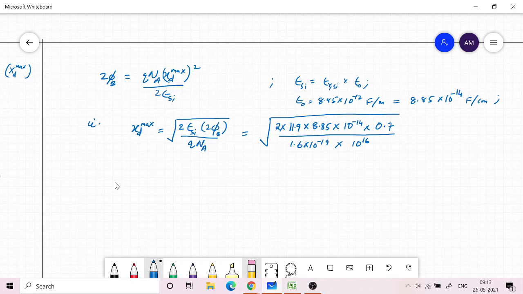If you evaluate this, what you are going to get is 0.304 micrometer. It will be much smaller, so instead of centimeter we are using micrometer here. If you want it in centimeter, it will be 0.34 into 10 raised to minus 4 centimeter.